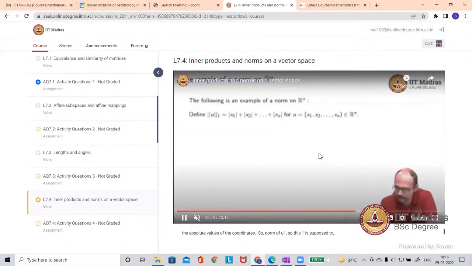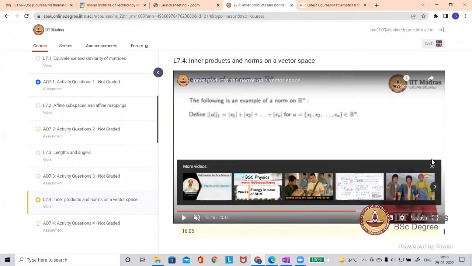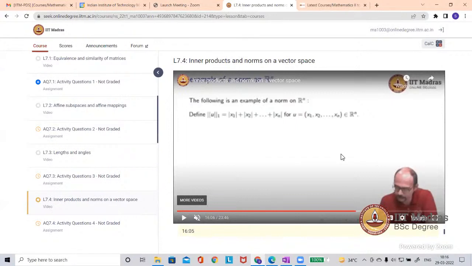Sir, we just now discussed that the norm of a vector is basically the square root of the inner product of the vector with itself, right? Just 1 minute, let me also add one thing for the inner product.